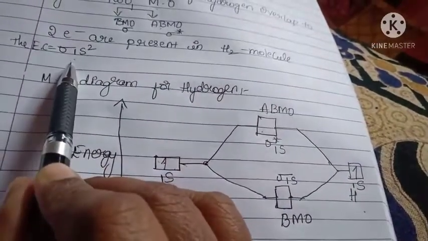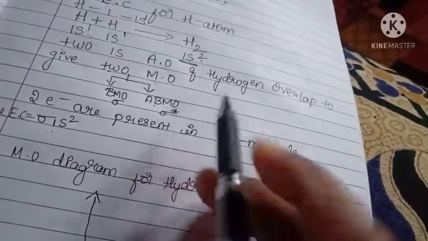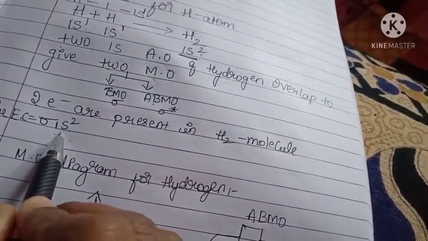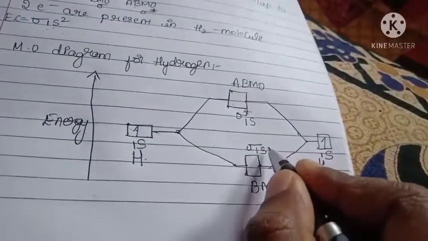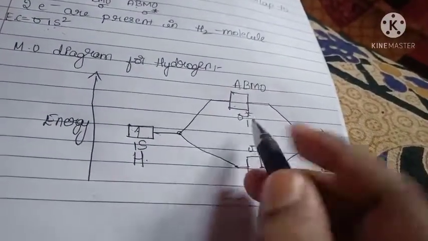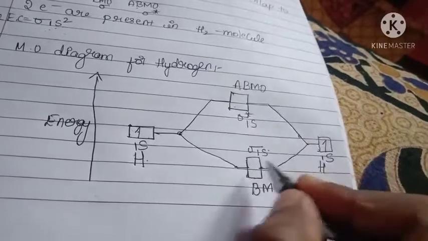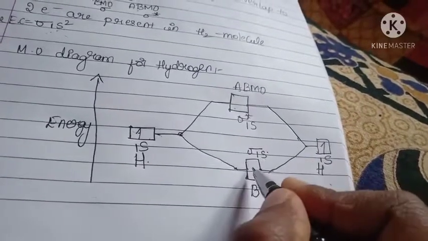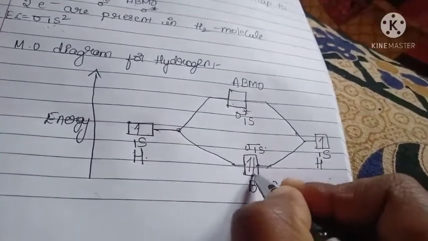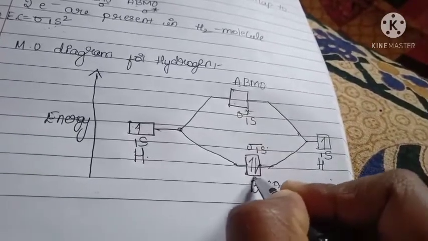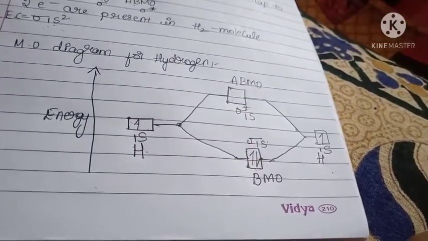Then here the 2 electrons should be present in the hydrogen molecule, so the electronic configuration is sigma 1s2. So this will be filled with only 2 electrons, this is vacant. Sigma 1s2 means it has 2 electrons, you have to fill the 2 electrons.